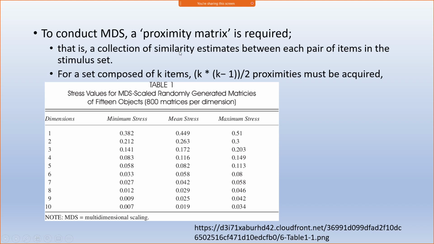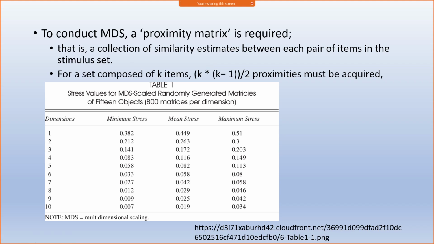So if you have things for people to group, or to find similarities or dissimilarities, how many pairs would you require?